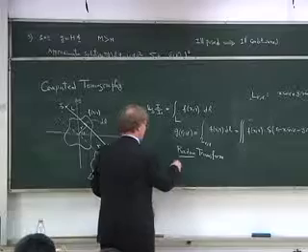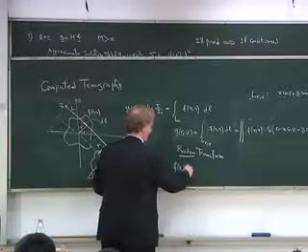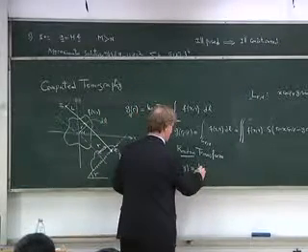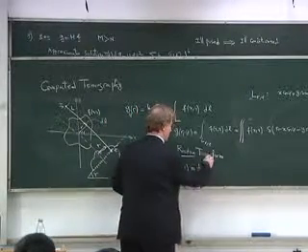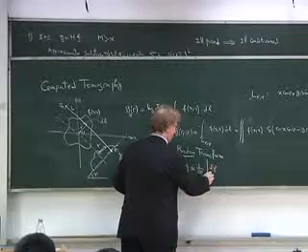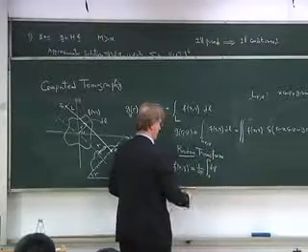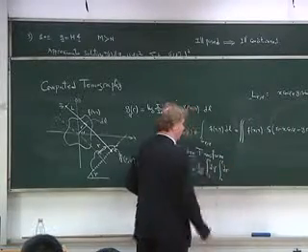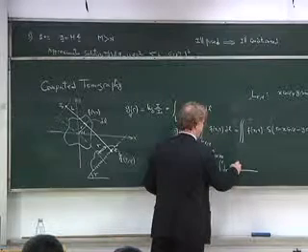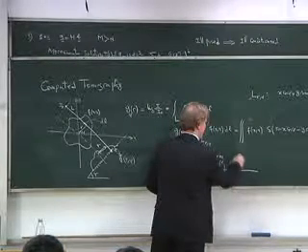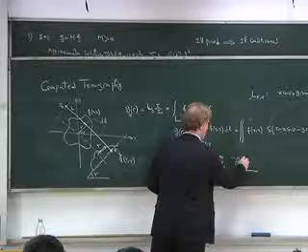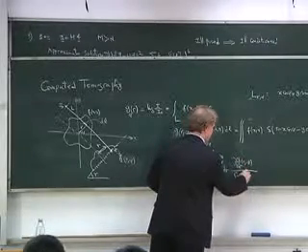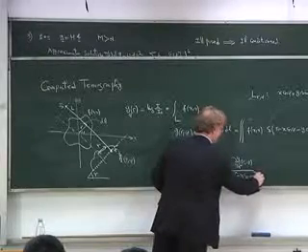And Radon found this solution, which is 1 over 2 pi, integral over phi from 0 to pi, integral over r, and then you have here the derivative of g with respect to r, and here you have r minus x cosine phi minus y sine phi.